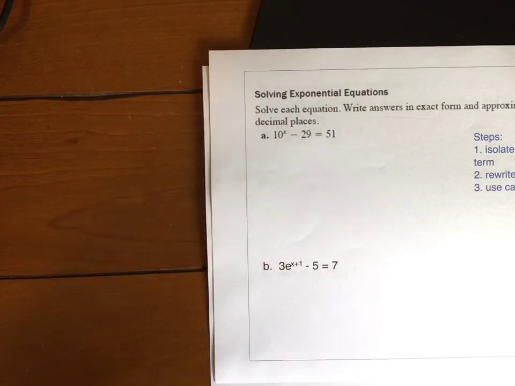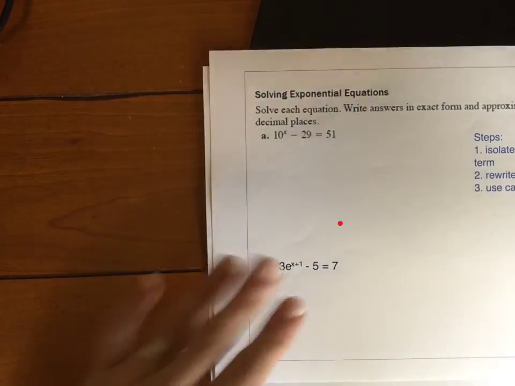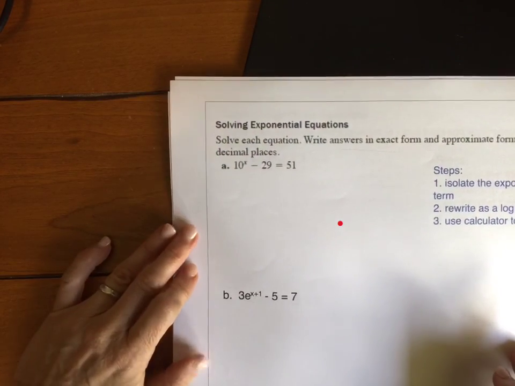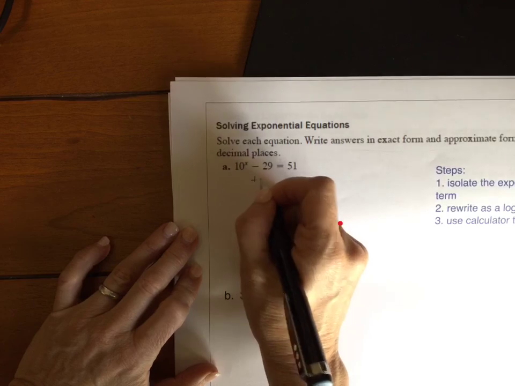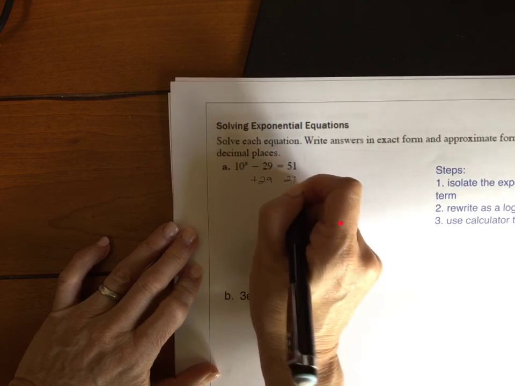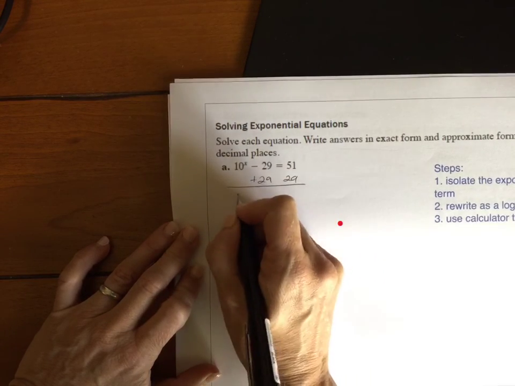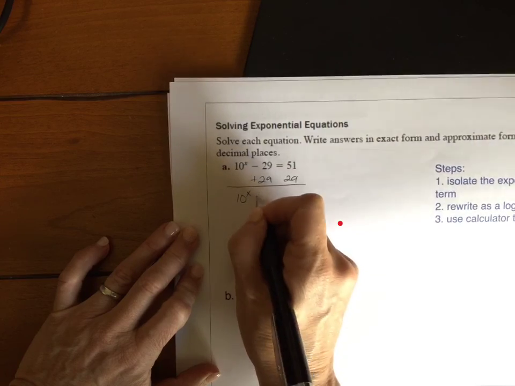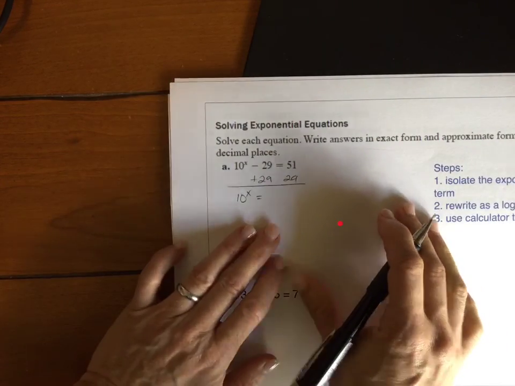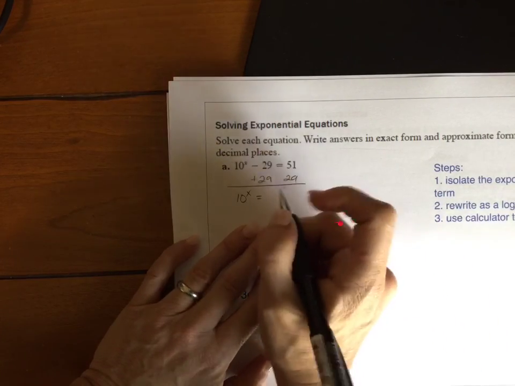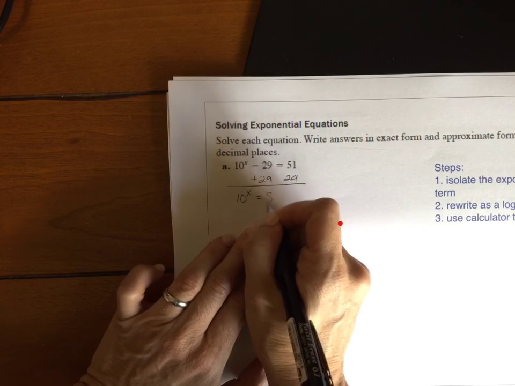If we want to isolate just the exponential part, we're going to add 29 to both sides. That leaves just 10 to the x on the left, and 29 plus 51 is 80.